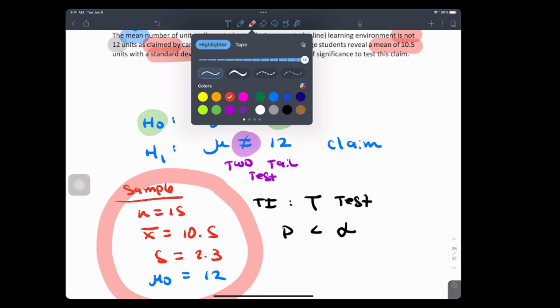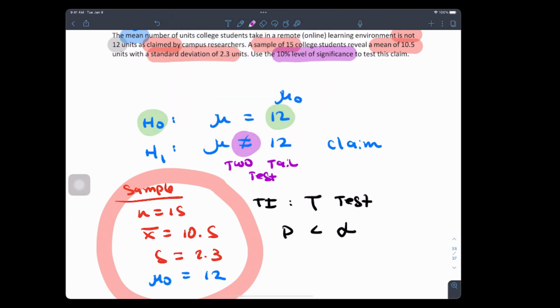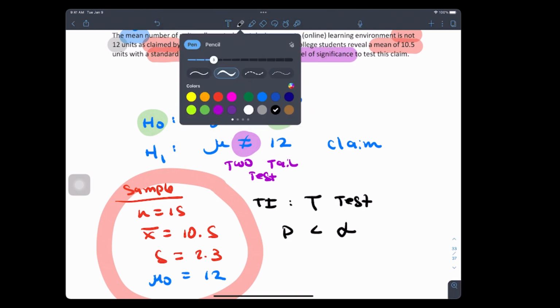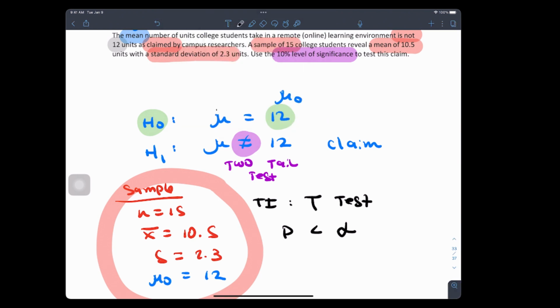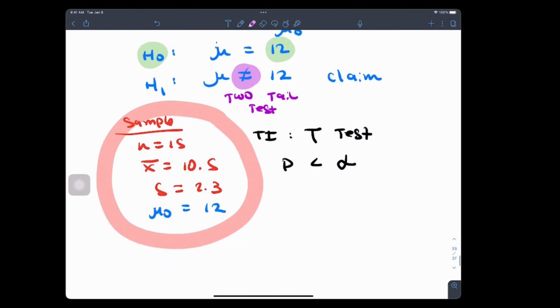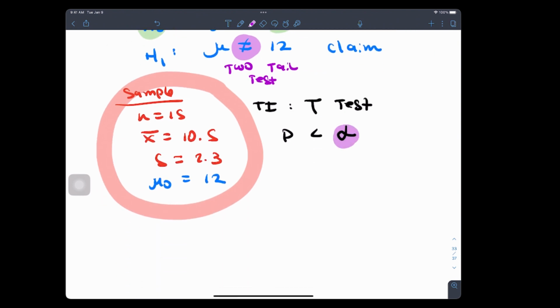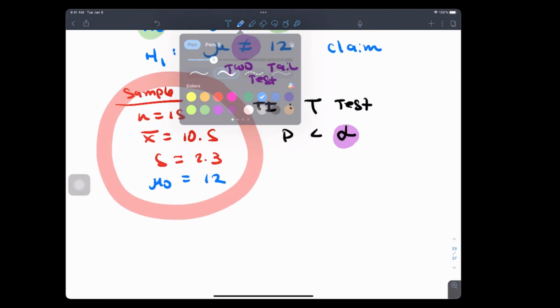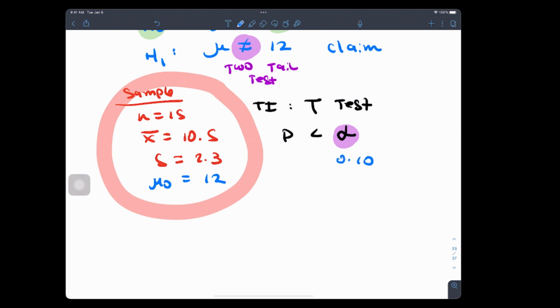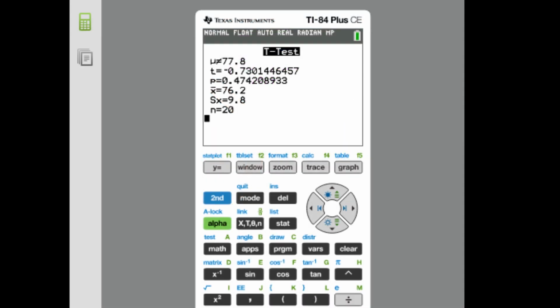But what's the level of significance? Alpha is what? 10%. Look at that, ladies and gentlemen. So is the p-value going to be less than 10%? We're going to find that out. How do you find it out again?